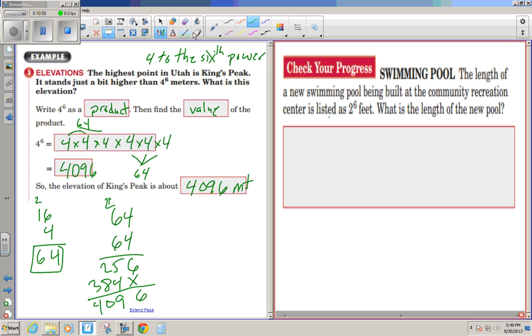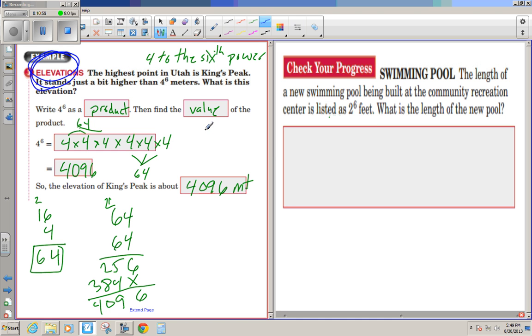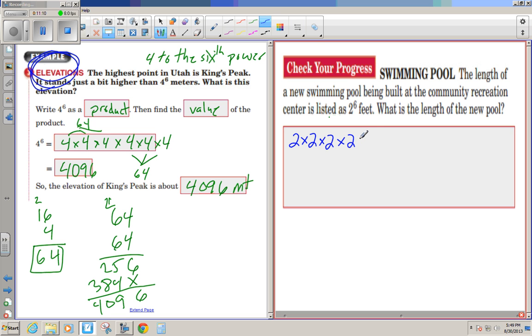So we are following this example right here. 2 to the 6th. Write it as a product. So that's what 2 to the 6th is equal to, all of that.